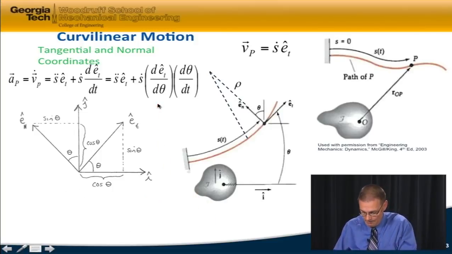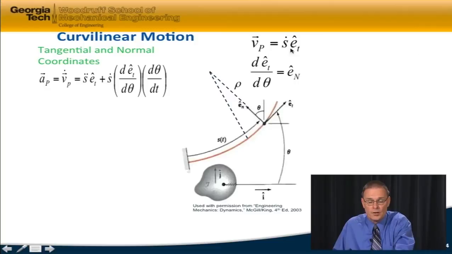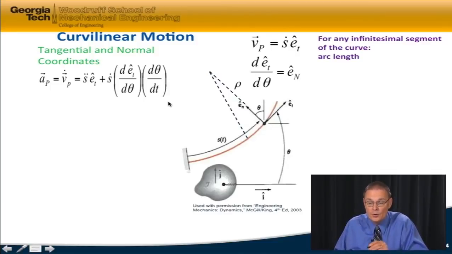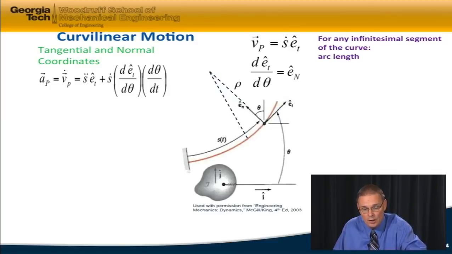So let's continue on. There's my velocity. I have now found that d of E tangential with respect to theta is E normal. So I know what this is. I still need to find d theta dt. And so for any infinitesimal segment of the curve along the arc length here, as this goes along a small portion of the curve, let's say that the radius of curvature, rho, is constant.